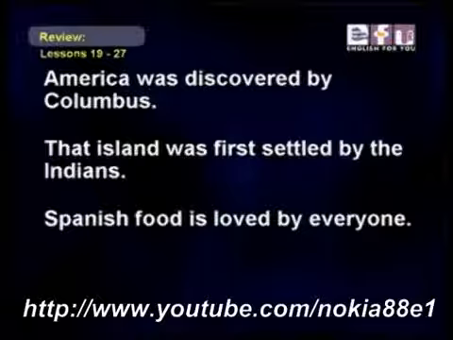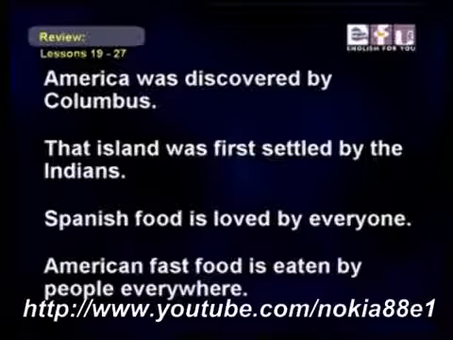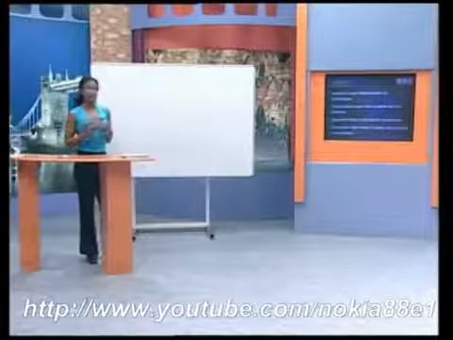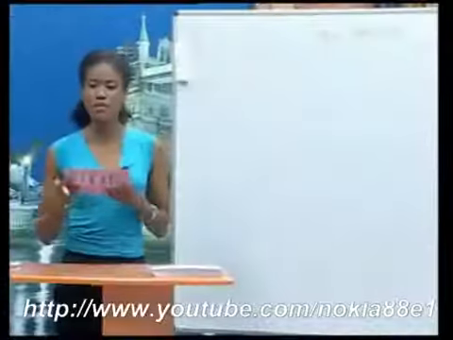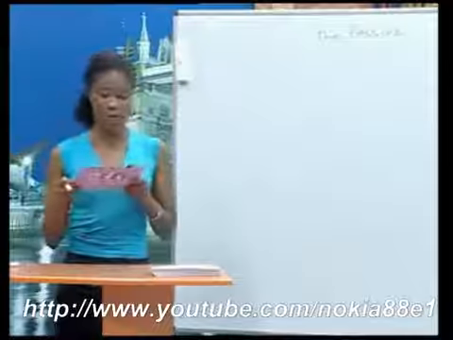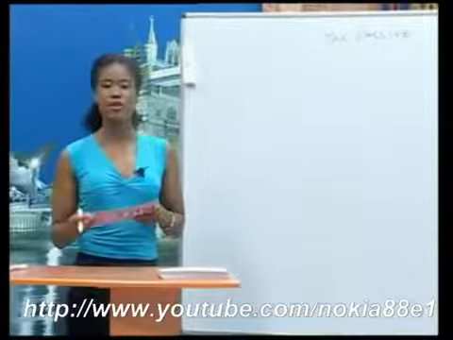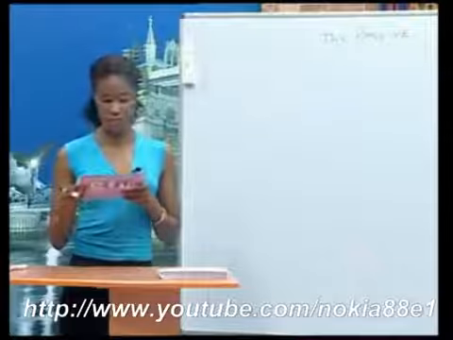Spanish food is loved by everyone, as Linda will tell us. American fast food is eaten by people everywhere. Okay, now remember, the passive is a verb or sentence which has as its subject the person or thing to which an action is being done. So it receives the action.